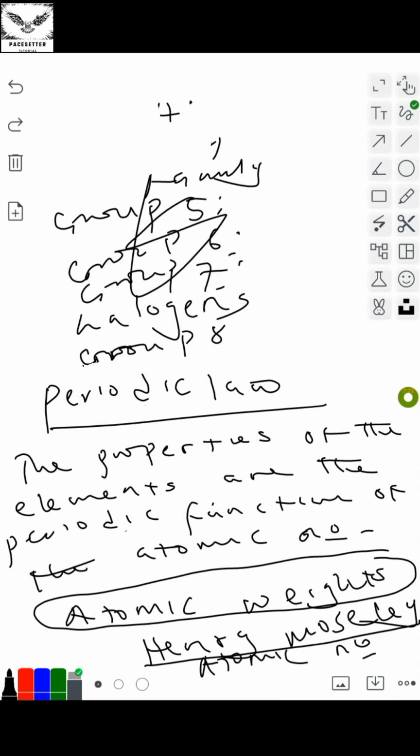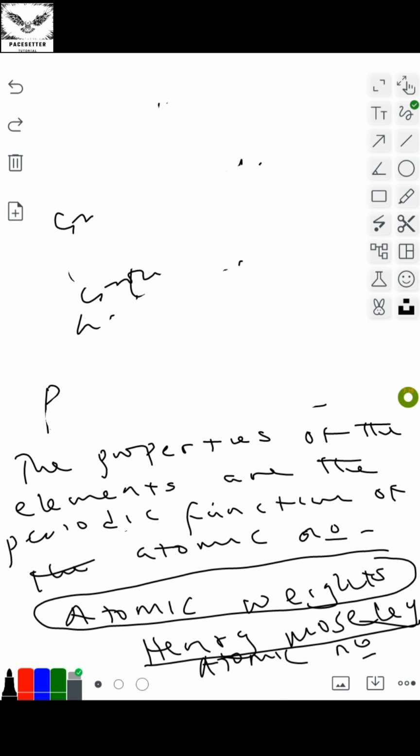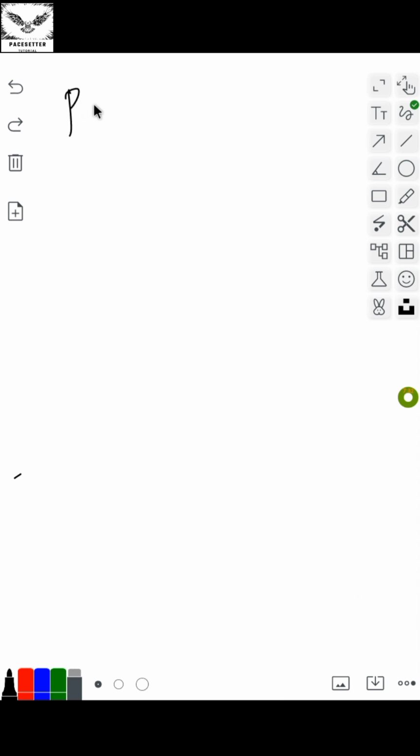So, the periodic law says that the properties of the elements are the periodic function of the atomic number. What can you deduce from there?